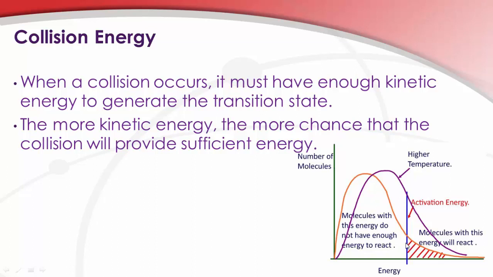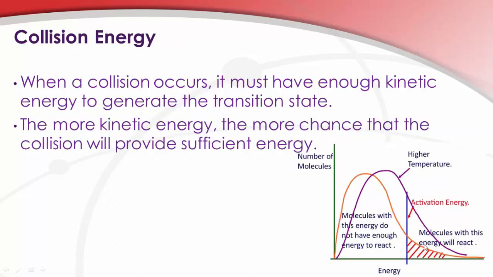And we can see that only the molecules to the right of that line will have enough energy to react. Any of the ones below that don't have enough energy. Now in purple, we have a higher temperature sample. What happens is this histogram shifts to the right, and more of these molecules have the energy necessary for the reaction.